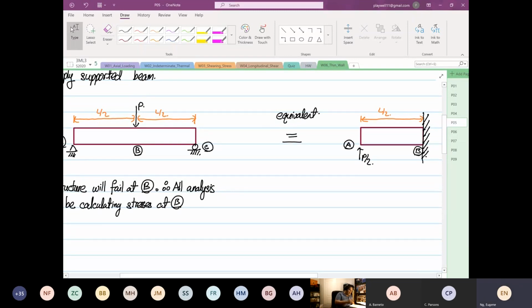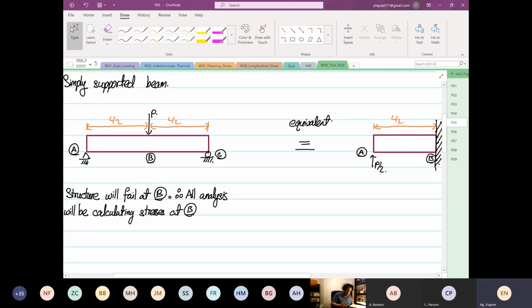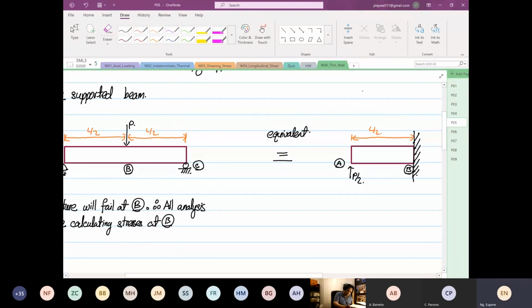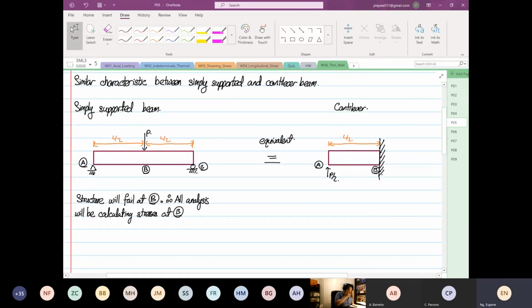Okay. What is common down here, anyone, between the simply supported and the cantilever beam? What's the most common thing that you can tell me between the two of them? Anyone, please? I'll give you a hint.